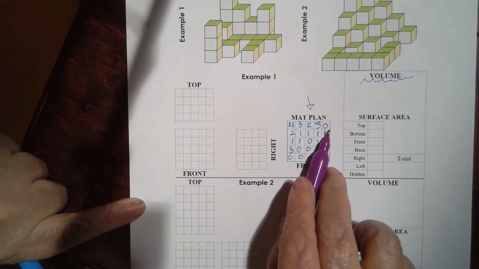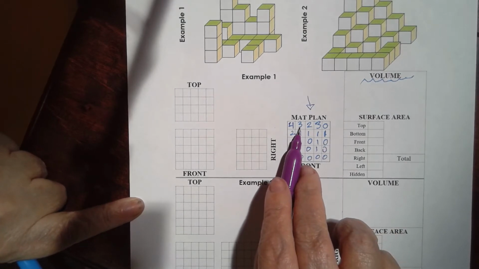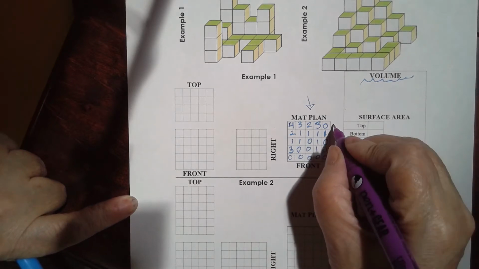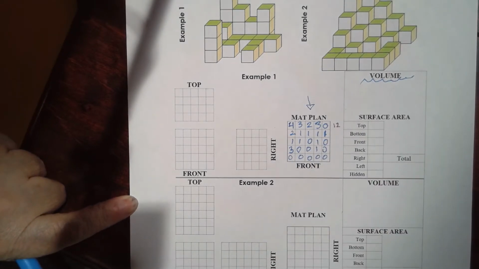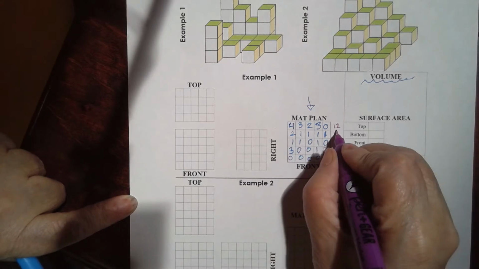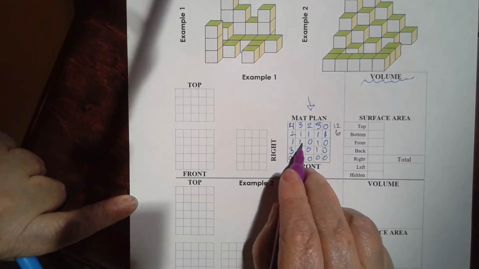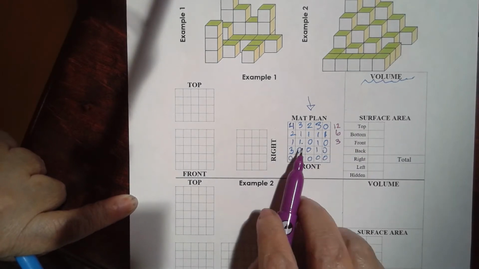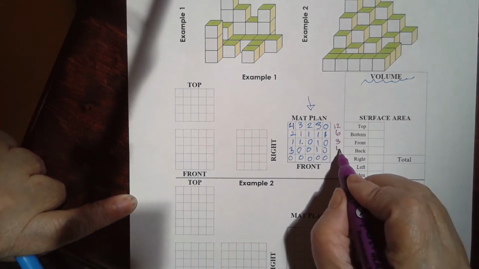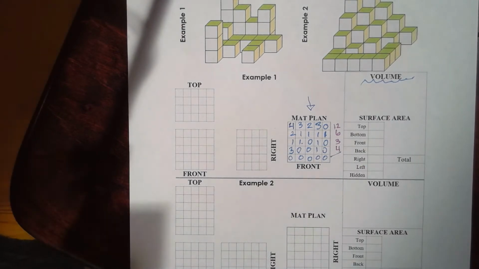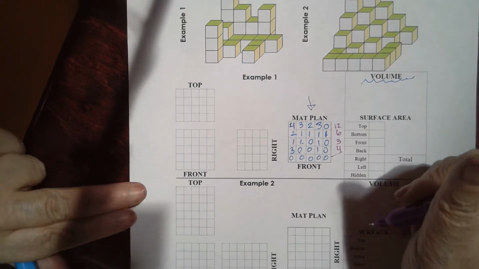So I'm going to go ahead and count across. 4 plus 3 is 7, plus 2 is 9, plus 3 is 12. I'm just going to write that over here. And then I have 2, 3, 4, 5, 6. And then 1, 2, skip that one, 3. So there's a total of 3. And then 3 plus 1 is 4. And there's none here, and I could write a 0, or I could just say I know that it's none, so I'm not even going to worry about it.